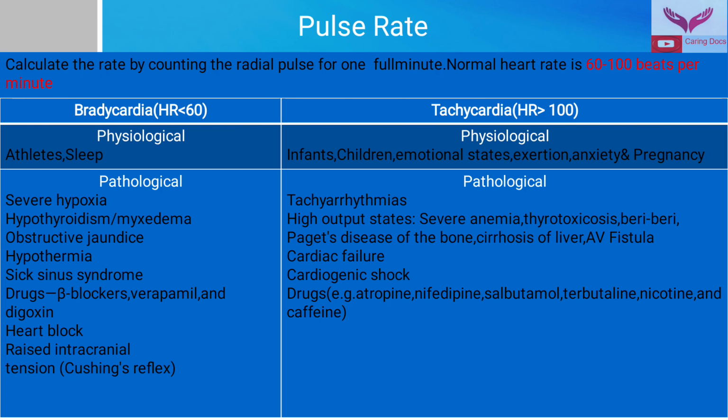The pathological causes of bradycardia are severe hypoxia, hypothyroidism or myxedema, obstructive jaundice, hypothermia, sick sinus syndrome. Patients who are on drugs like beta blockers, calcium channel blockers like verapamil, and digoxin, patients with heart block and raised intracranial pressure can have bradycardia.